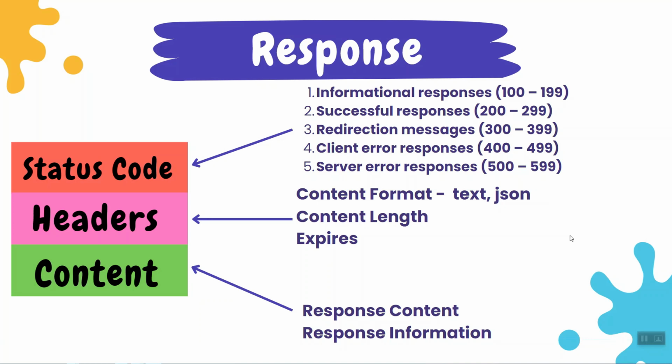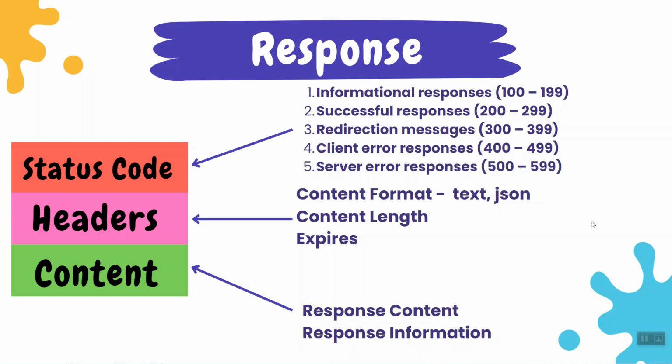Now let's see what the response is. A response also contains three parts. One is the status code, the second is the headers, and the third is the content. A status code can be defined in five different ranges. Status codes from 100 to 199 show informational responses.